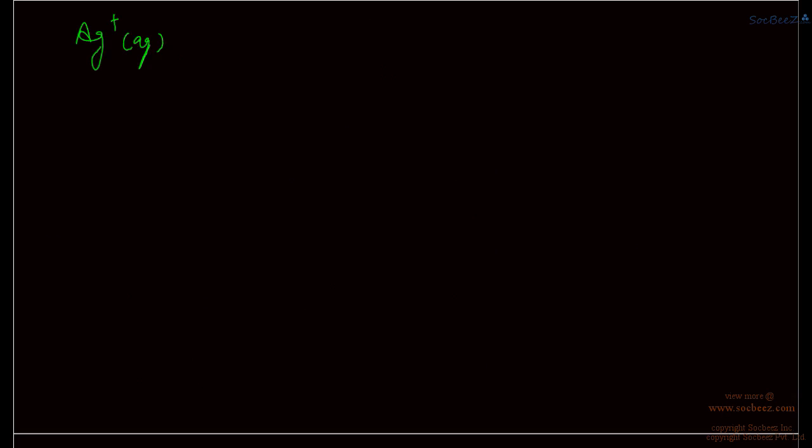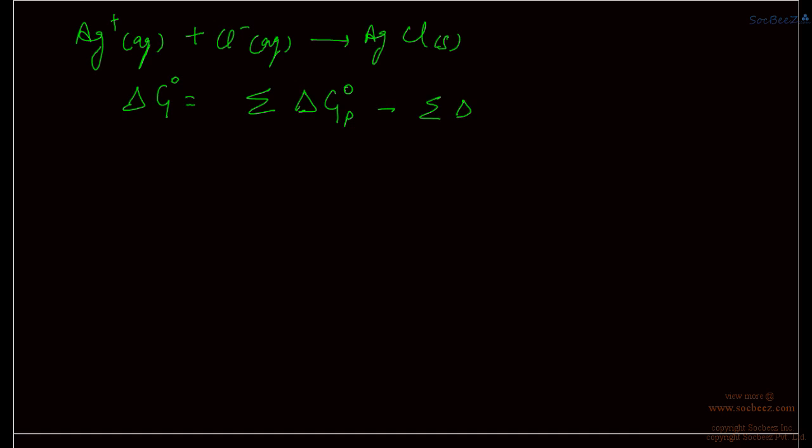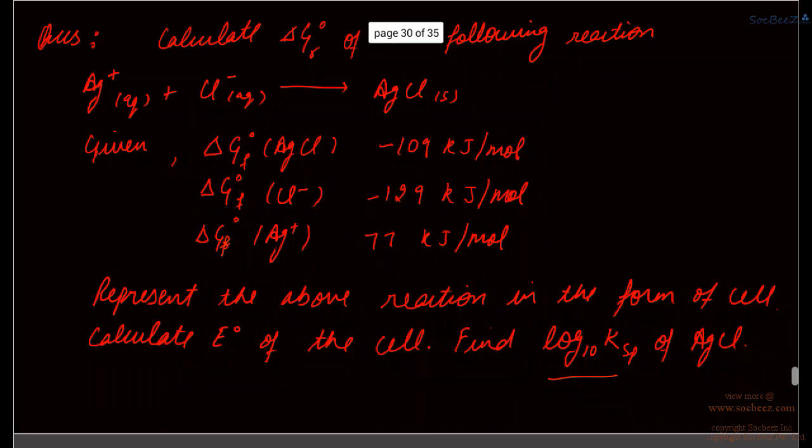Now, for the reaction Ag positive aqueous plus Cl negative aqueous giving us AgCl solid, delta G, or in standard condition delta G naught, equals summation of delta G naught of products minus summation of delta G naught of reactants.